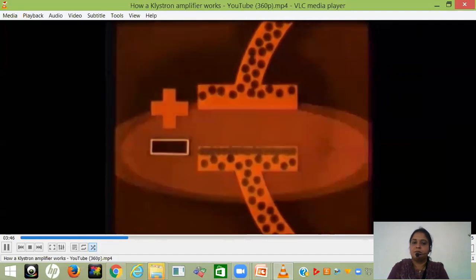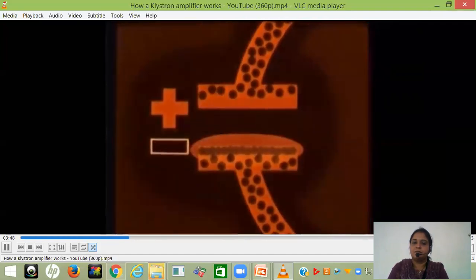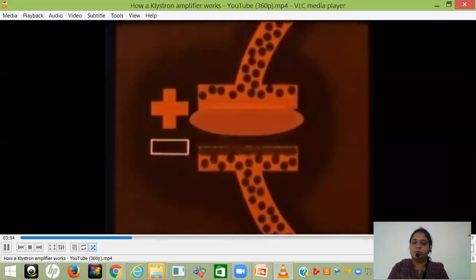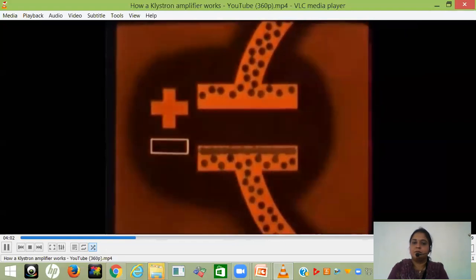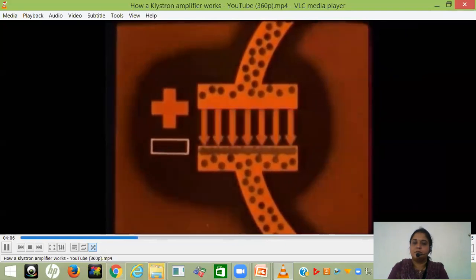One layer has an excess of electrons and is therefore negatively charged. The other layer has a shortage of electrons, which reveals itself as a positive charge. The electric field lines are directed away from the positive charge.